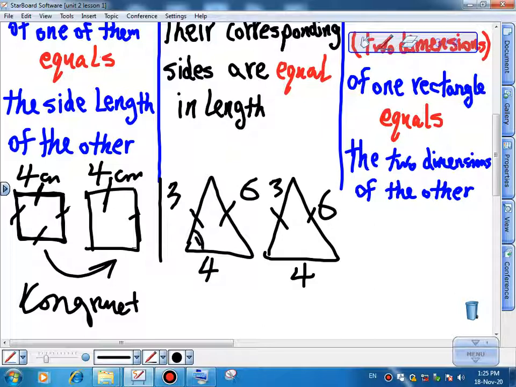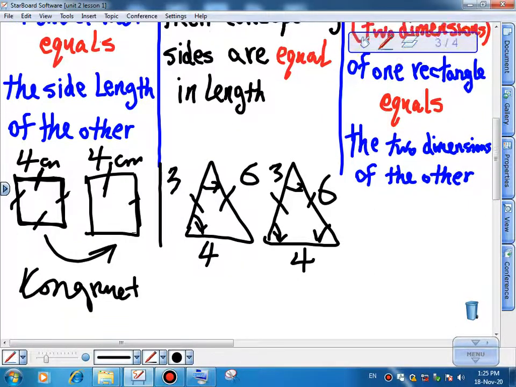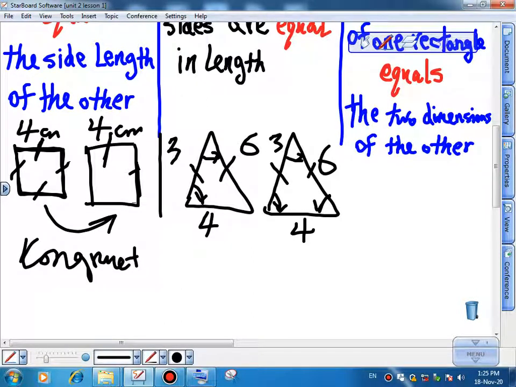I only need all three sides. If the corresponding sides are equal in length, I will say that these triangles are congruent.